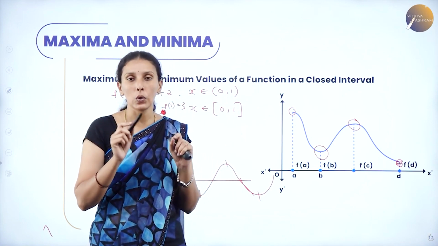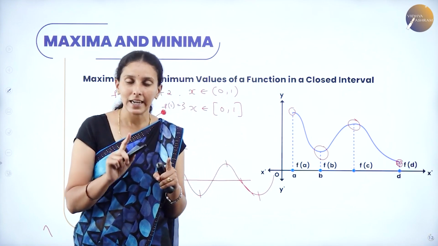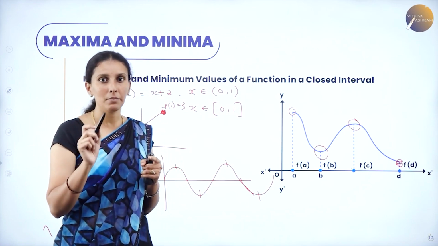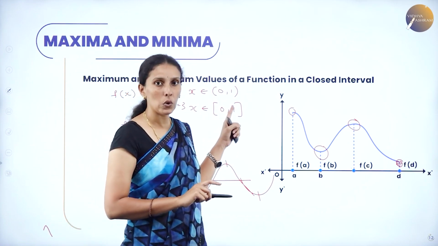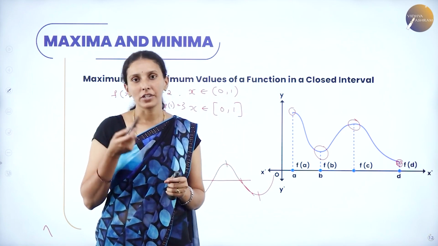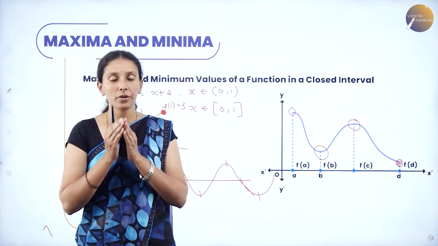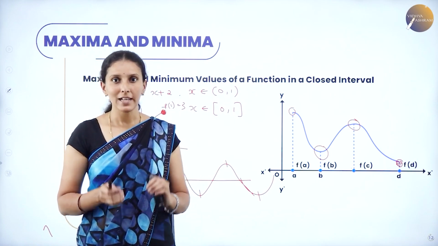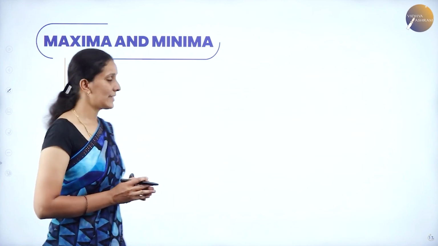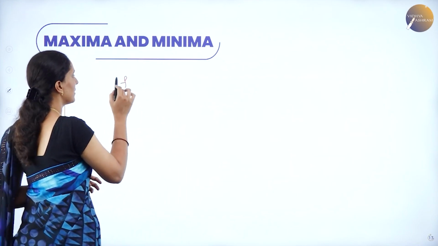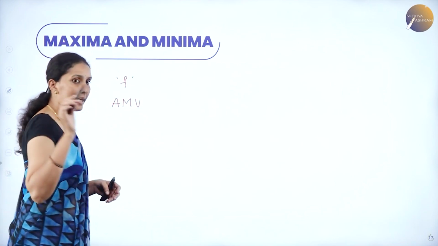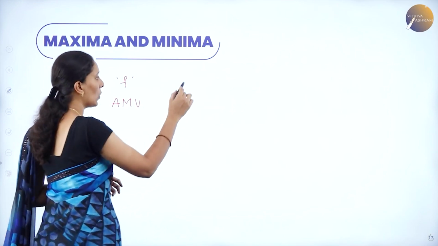Hence in any closed interval, the function attains at least a maximum value and at least a minimum value. Thus, we can say the function has its absolute maximum value as well as absolute minimum value. So what we can say here is that f has an absolute maximum value and it exists at least once in the closed interval.